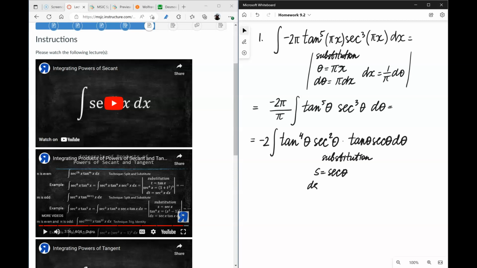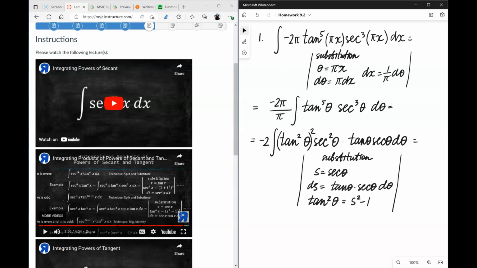So that means ds is equal to tangent theta secant theta d theta, and now I need to replace the tangent to the power 4 as the square of tangent squared, because I can then replace, using the Pythagorean identity, tangent squared of theta with s squared minus 1.